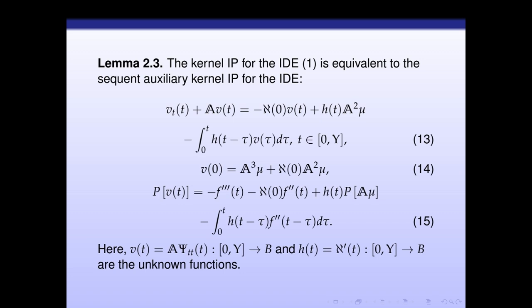Now, as you see, we have here 13, a parabolic equation, and also two conditions, an initial condition and an identification condition. We denote here phi of t as psi second order derivative, and we denote k of t here as n prime of t. So we define here new unknown functions.